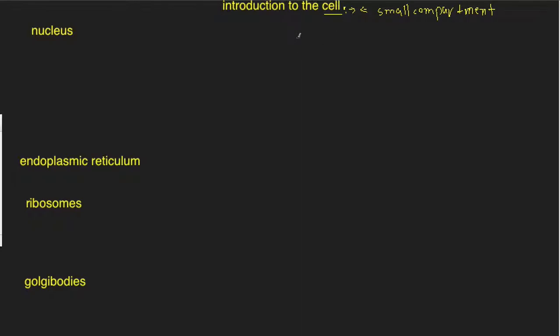There are two basic main divisions of the cell.